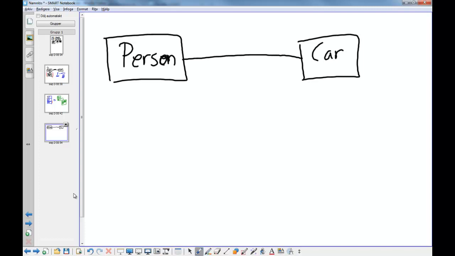And a bad name would be "has." A person has many cars. So we should instead look for what it is actually that we are saying. So maybe we're saying "owns" instead, because this relation means that the person actually legally owns the car.